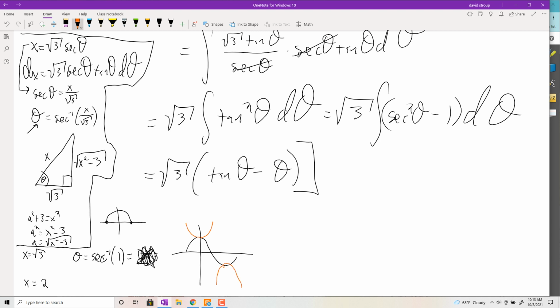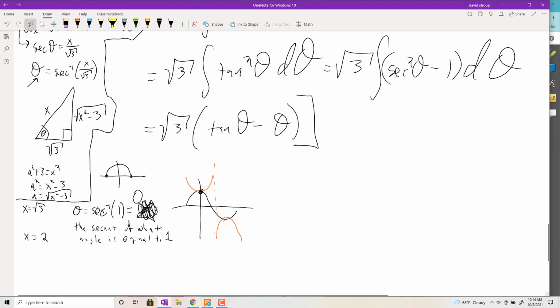It does have asymptotes, so you have to watch out for that. But secant inverse is asking, the secant of what angle is equal to 1? And clearly, the secant of 0 is equal to 1. So the secant inverse of 1 is just going to be equal to 0.